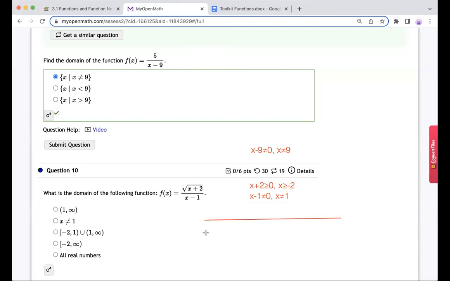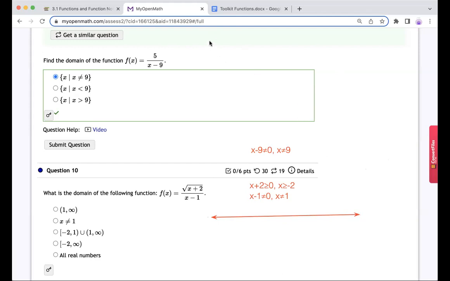Let me clear this one first. So I'm going to have the number line right here, going all the way to the left and to the right, like that.